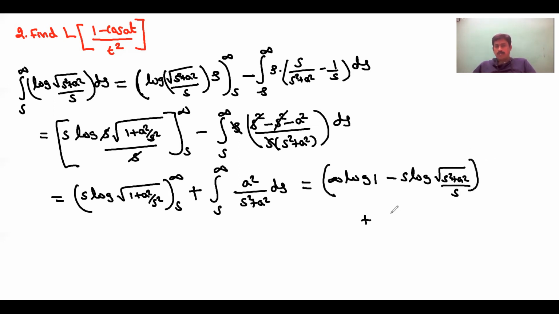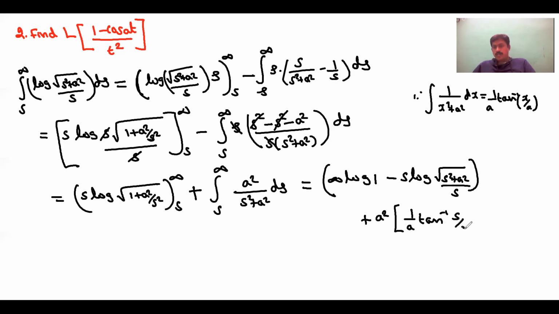Plus, if you integrate this term, 1 by s square plus a square into dx, it looks like 1 by a into tan inverse of x by a. Applying that, a square is a constant I have taken out, and integrating gives 1 by a into tan inverse of s by a, limit s to infinity.